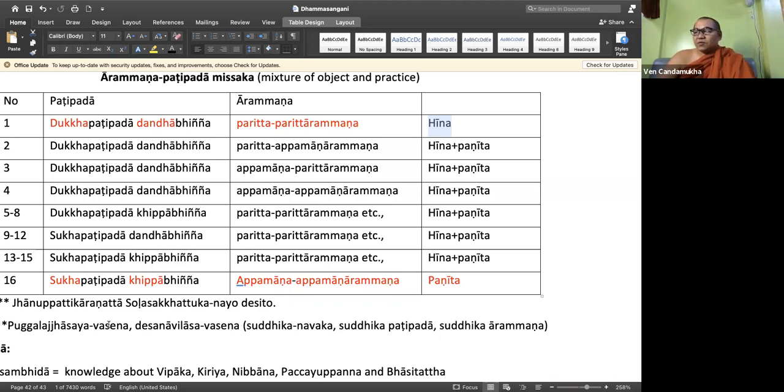So, Desana Vilasa, decoration, how to say, beautifying the teaching, the discourse. Pabhina Padisambhida. So Pabhina means what?